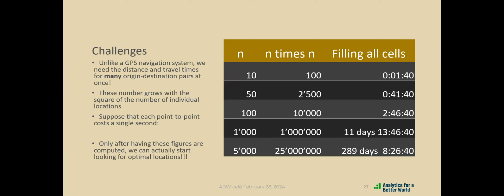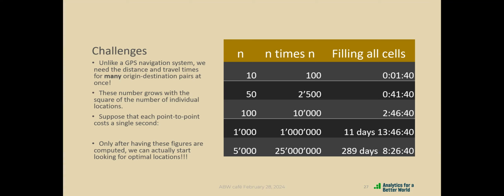So if I have a simple back of the envelope computation, and if I have, for the sake of simplicity, as many households as I have potential locations, so if I have 10 of those, I need the distances between the pairs of each of those numbers, and that's 100 of those pairs.